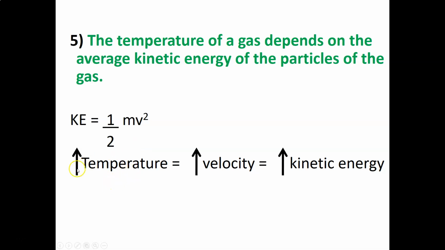So temperature is not a thing in and of itself. Temperature is a way that we measure how often the particles are hitting, how fast they're going, how much energy they have, right? So if those things go up, our kinetic energy goes up.